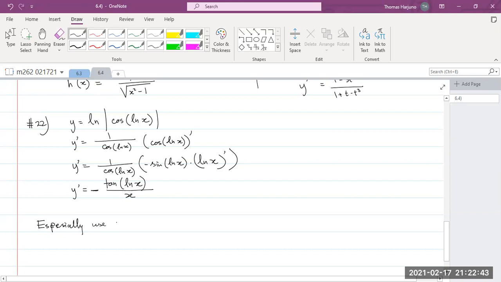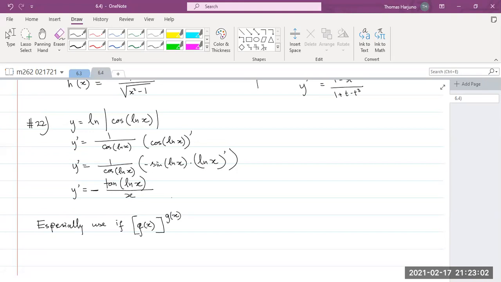Logarithmic differentiation is especially used if you have a function of x taken to the function of x.